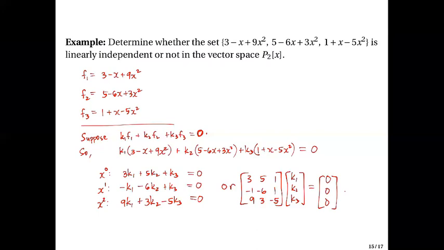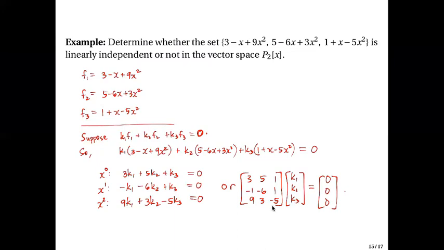In matrix form, since this is a square matrix, all we need to do now is to check whether the determinant of this is 0 or not. If the determinant is not 0, then this will only have the trivial solution.